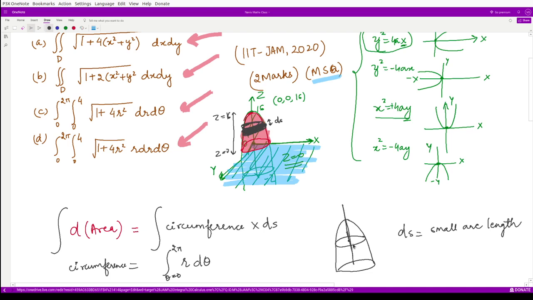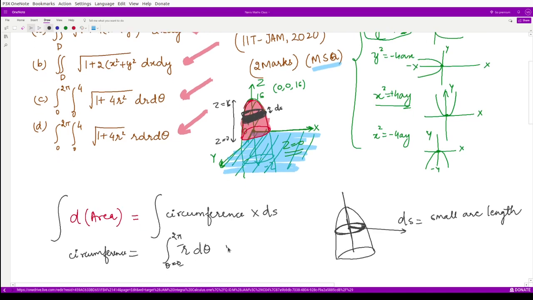From this center, if you take some ray coming out, here the value of r is 0, and at the circle the value of r is the radius of the circle. And what is theta here? To get this circumference, you rotate this r in this particular direction around the circle. So the angle moves from 0 to 2 pi, and we get the circumference.